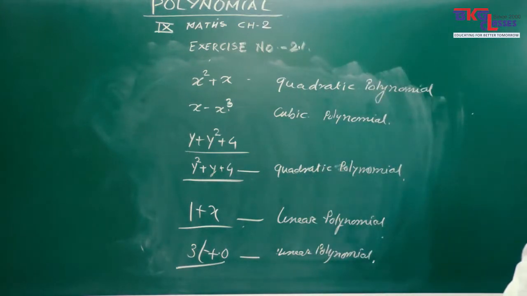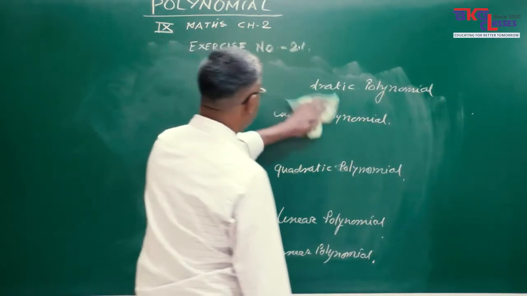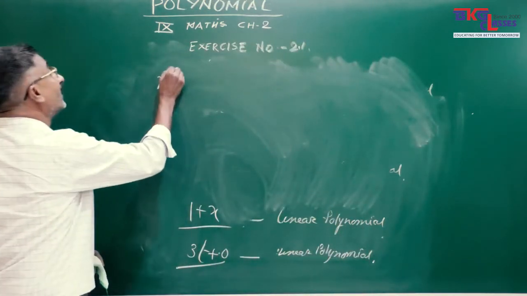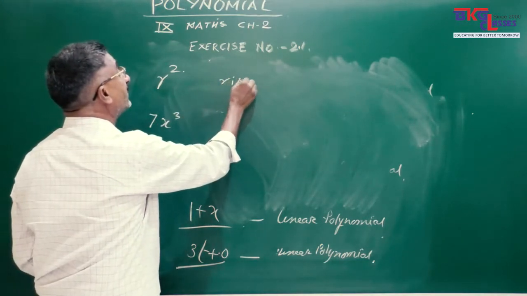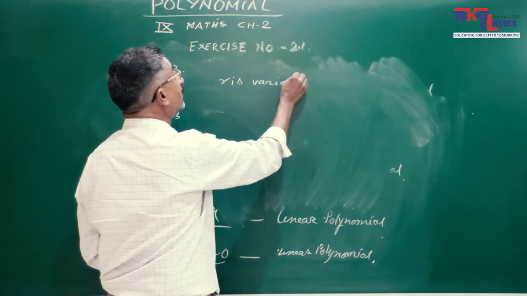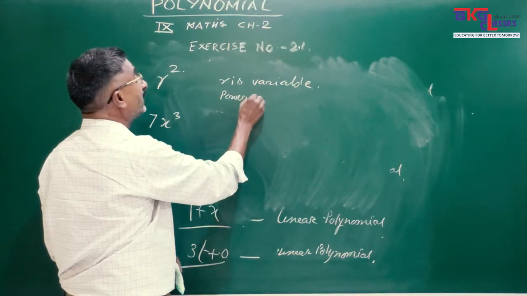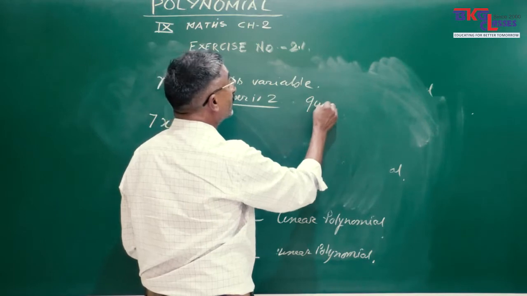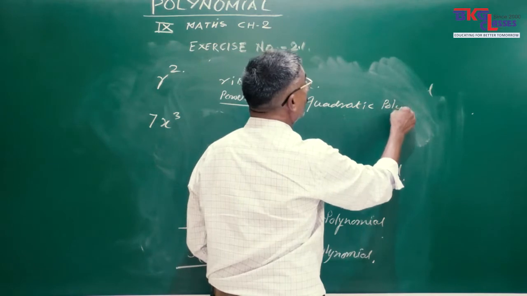Next, r square and 7x cube. r square and 7x cube. r is the variable. The power is 2, so this is a quadratic polynomial.